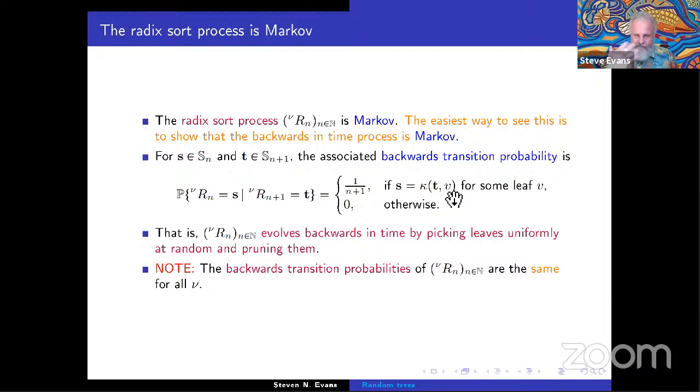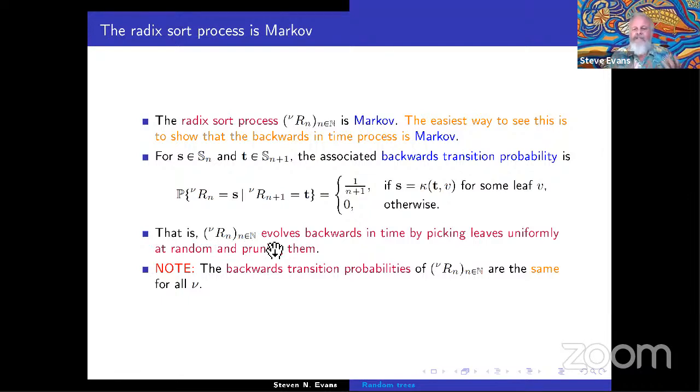That's how it should be said. So this is not expressed correctly, because there could be several leaves v such that S is the pruning of T with respect to v. This bullet point here is correct though.